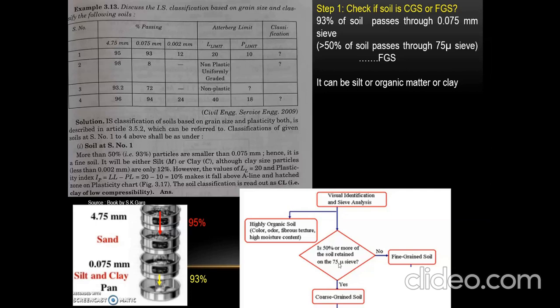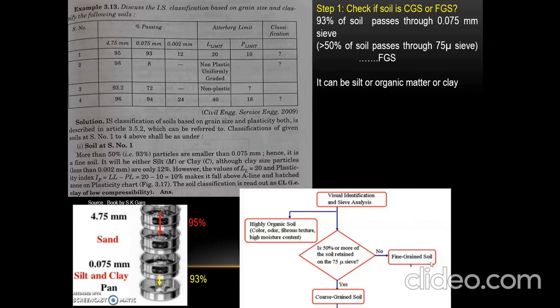So we will have to check this condition. 2% is obviously less than 50%. That means more than 50% is not retained on this 0.075 mm sieve. Hence it cannot be coarse grained soil. So it is fine grained soil. That is what is mentioned over here. Since more than 50% of the soil is not retained but passes through the 75 micron sieve, it can be classified as fine grained soil.